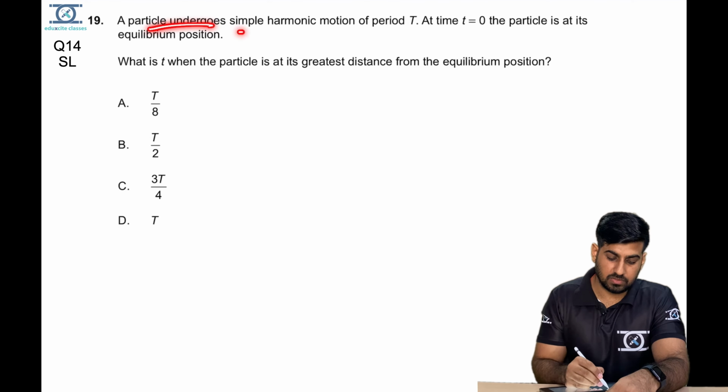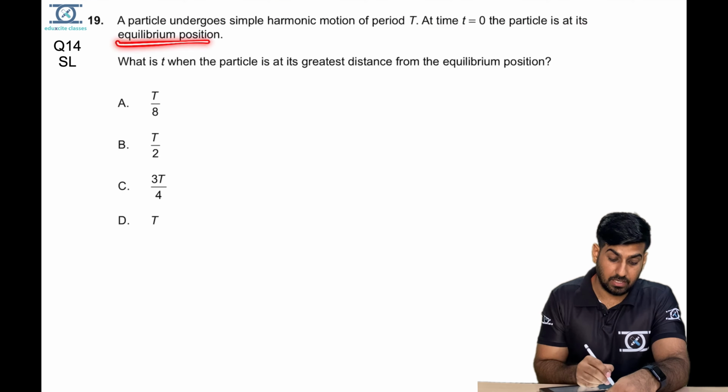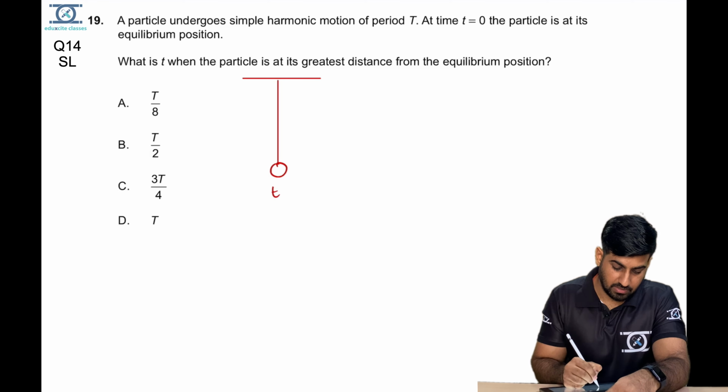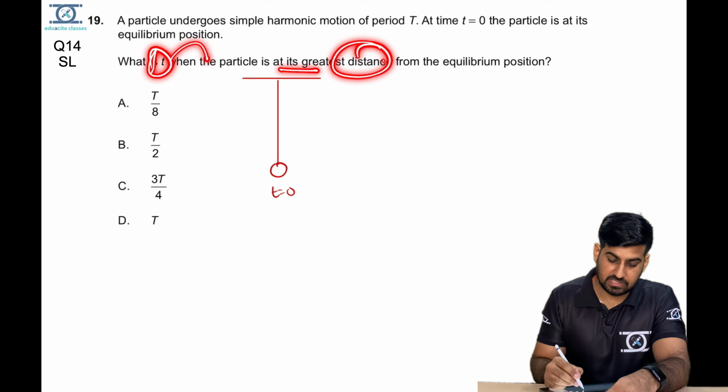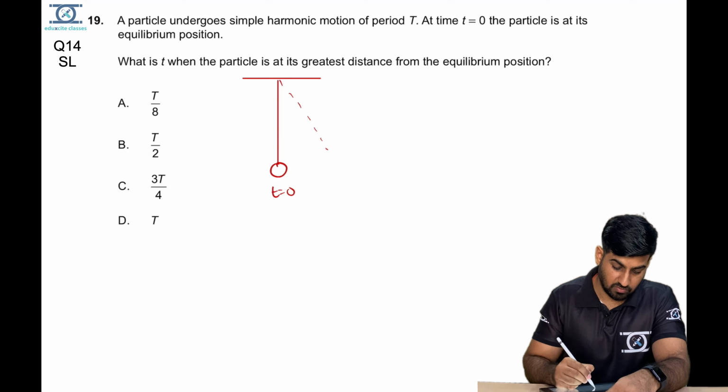A particle undergoes simple harmonic motion of time period T. At time t equals 0, the particle is at its equilibrium position. So let us say this is a simple pendulum. So this is at t equals 0. At what time t does the particle have its greatest distance from the equilibrium position? So greatest distance will be either this one or this one.